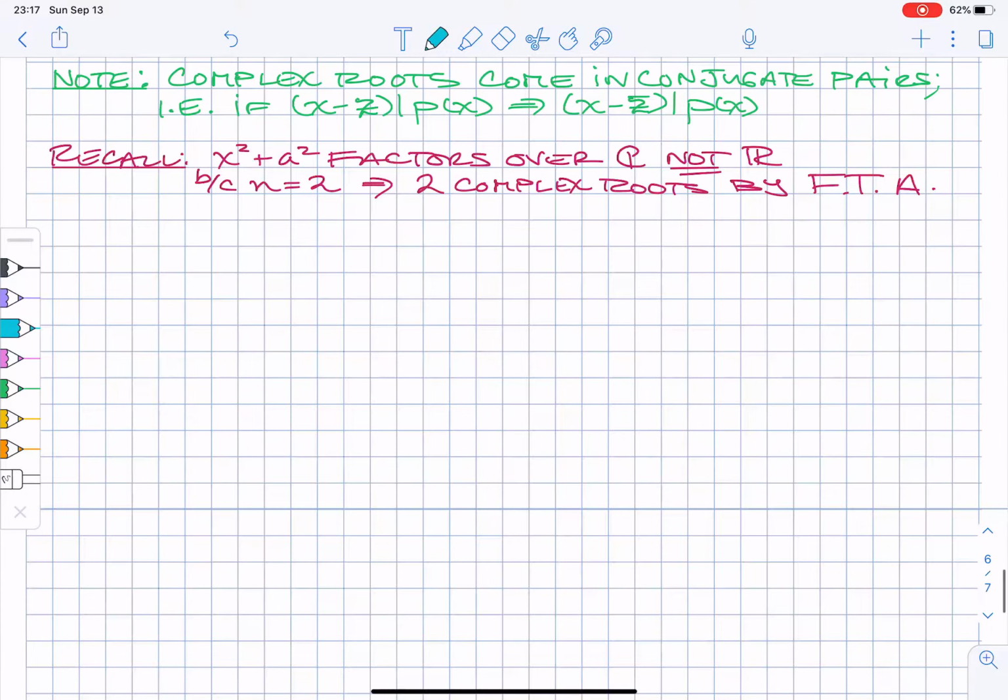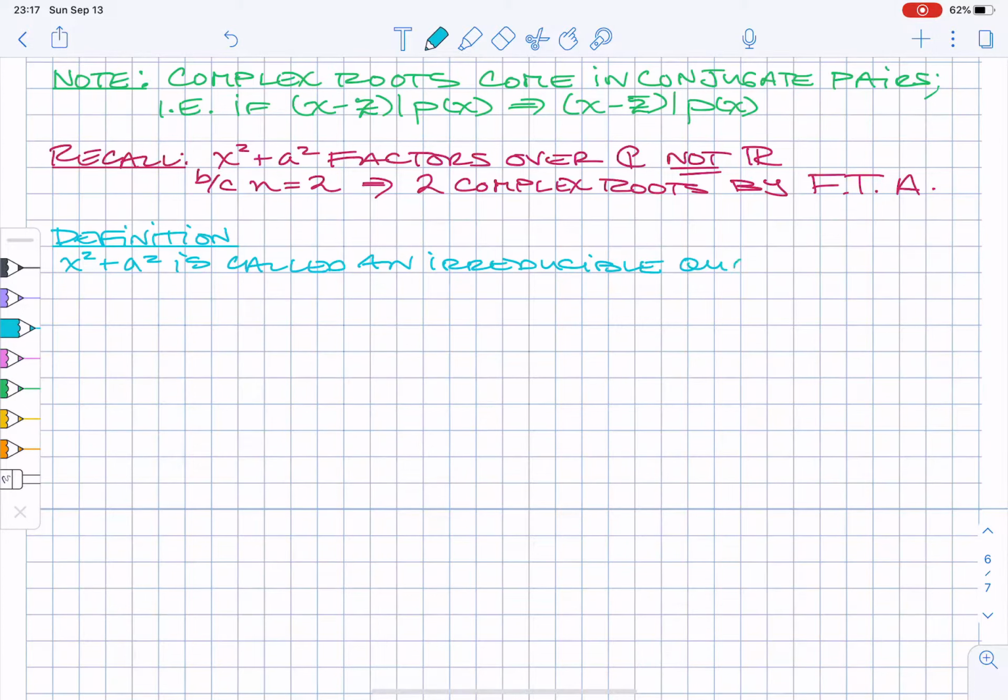Okay, so definition. x squared plus a squared is called an irreducible quadratic. So that's what we're defining, an irreducible quadratic over the real numbers r, meaning it cannot be factored over the real numbers.